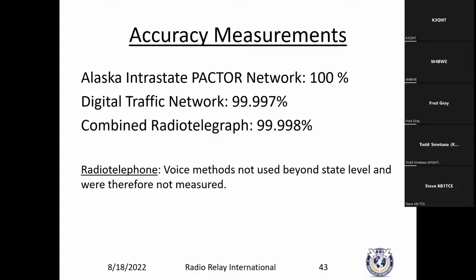The interesting, kind of odd thing about radio telegraph message handling is that the operator is essentially proofreading the message as he transmits it, and will often notice potential errors and inquire about them in the process of transmission and reception. So ironically, the CW net scored a little bit more accuracy than the digital traffic network, which of course has automatic error correction.